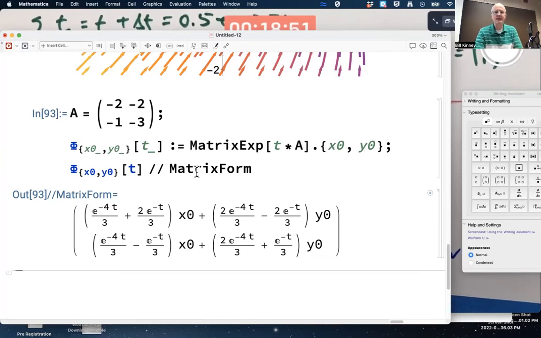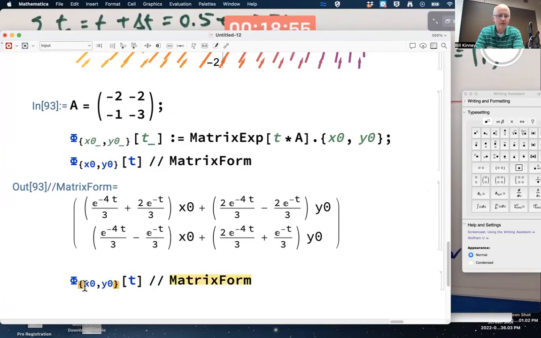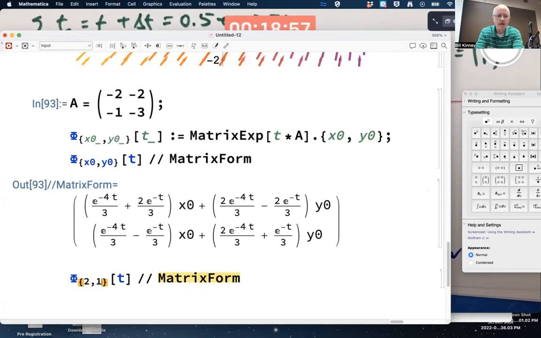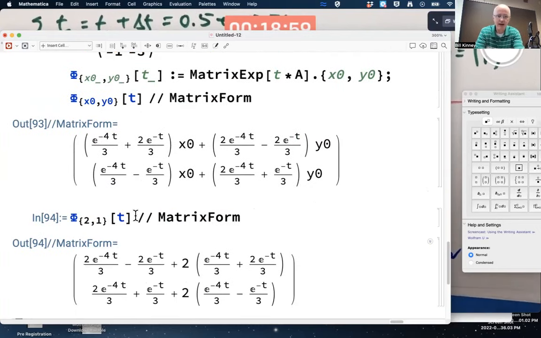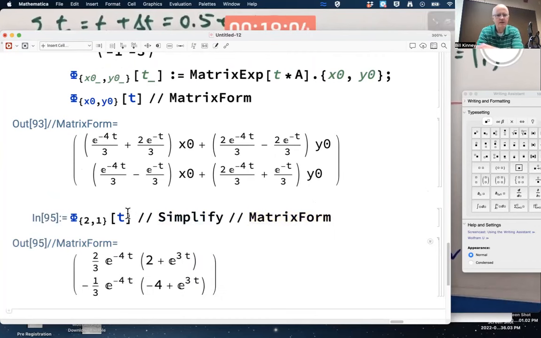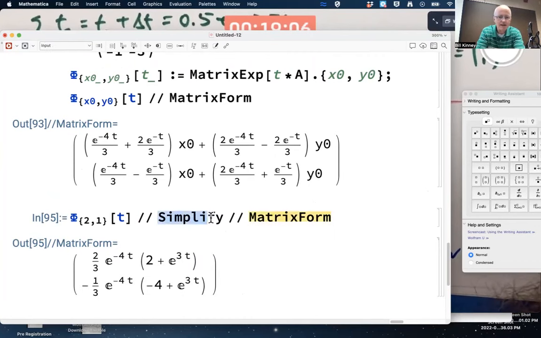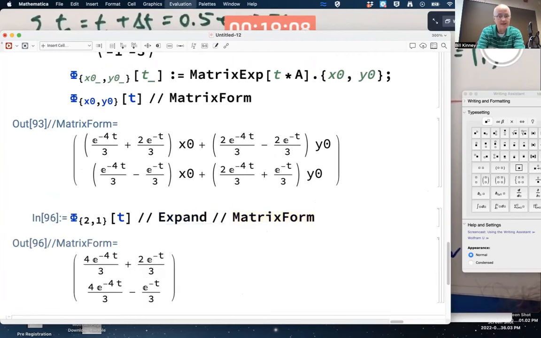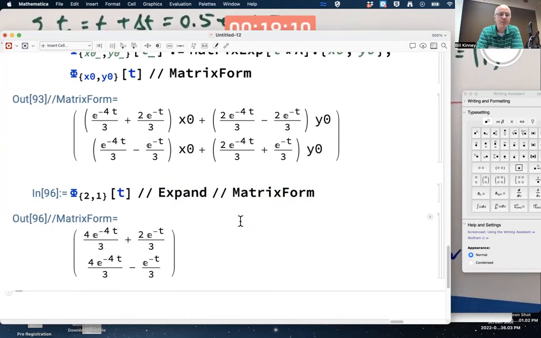If I pick a specific initial condition like 2, 1, it does simplify, maybe even more if I do Simplify here, or Expand. Expand tends to work better. There we go.